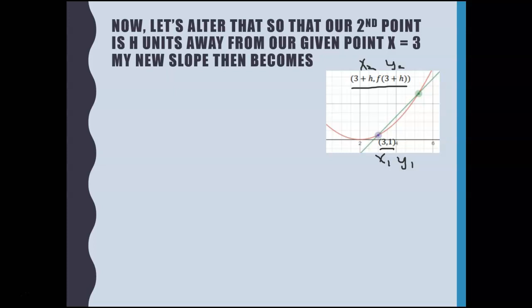my equation for slope became y2, which is f of 3 plus h, minus y1 over x2, which was 3 plus h, minus x1, which was 3.